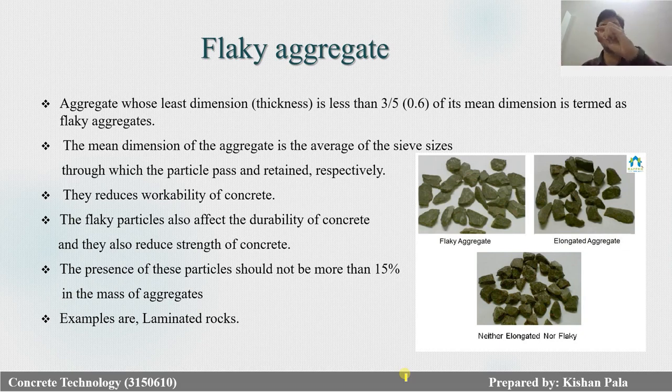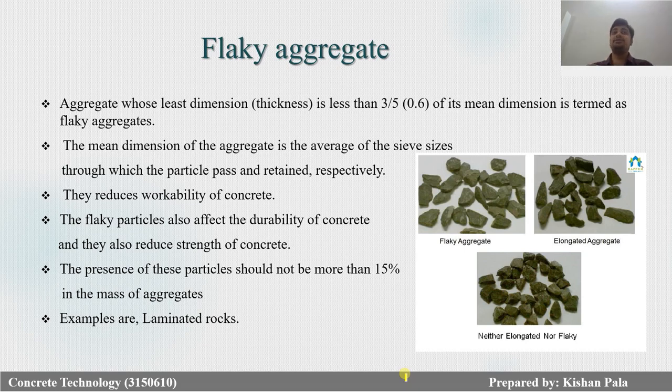You have to take the thickness and compare it with the mean dimension, and if the thickness is less than 60 percent of its mean dimension, this aggregate is flaky aggregate.